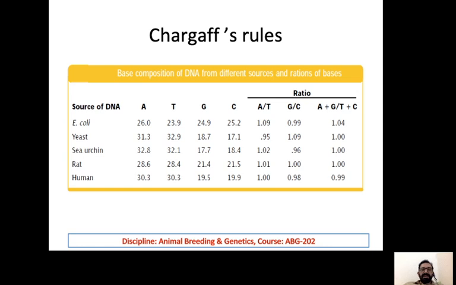And here in this table, you can see in the last column, the ratio is almost 1 for all the species. That includes microbes, E. coli, yeast, sea urchin, rat, and the most complicated species, the human being.